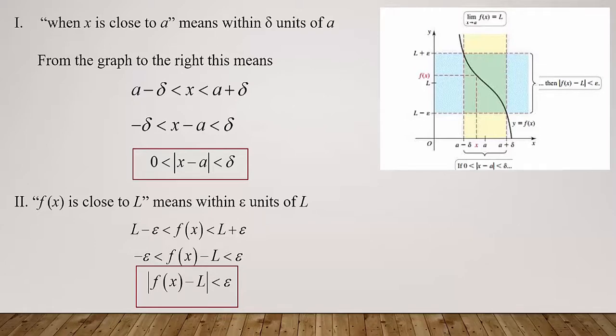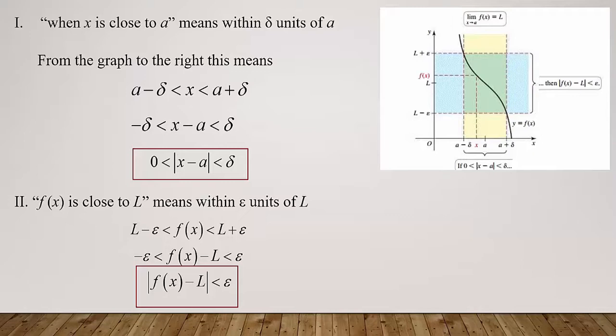So that really loose language in our informal definition, x is close to a, and the other loose language, f of x is close to L. When I asked, what does close mean and how close is close enough? What you see in the red boxes here tightens things up.